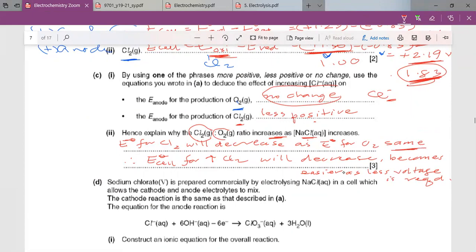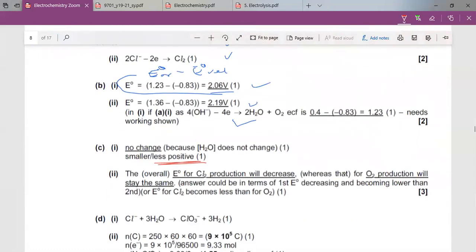So as Cl minus increases, the E cell for giving out Cl2 will decrease, hence it becomes easier for the voltage to be attained. The overall E cell will decrease. It means a smaller EMF. That means easier. Oxygen will stay the same, but chlorine gas will be easier to be given out. So that's how you answer the question.